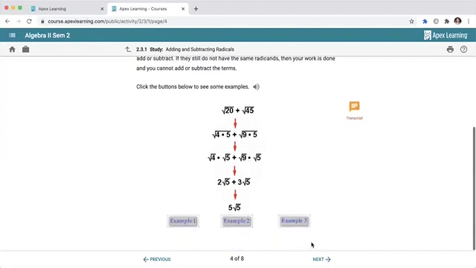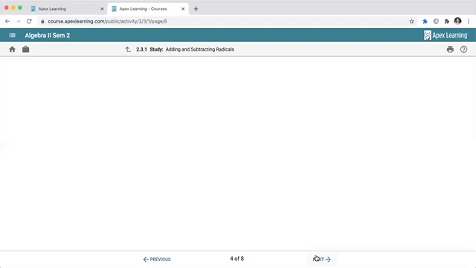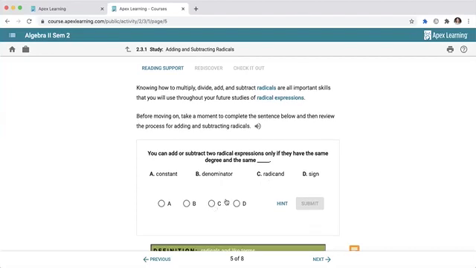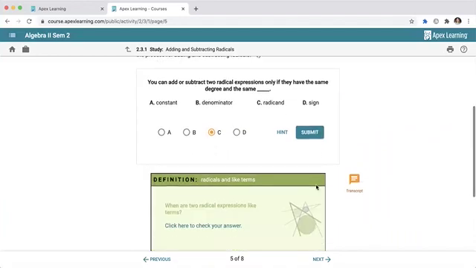All right. So then finally here, to just confirm what we know, you can add or subtract two radical expressions only if they have the same degree and the same radicand, right? They have to have the same degree out in front and the same radicand underneath that radical symbol.